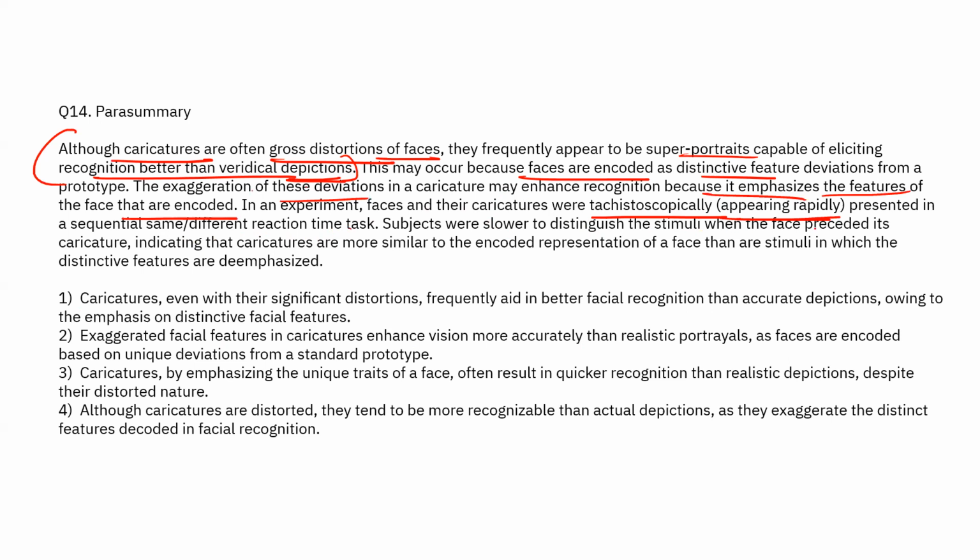Subjects were slower to distinguish the stimuli when the face preceded its caricature, indicating that caricatures are more similar to the encoded representation than stimuli in which the distinctive features are de-emphasized. तो यहाँ पे एक एक्सपेरिमेंट हुआ जिसमें फेसेस और उनके कैरिकेचर्स एक के बाद एक प्रेजेंट हुए, in a sequential same and different reaction time task. तो उनको डिस्टिंग्विश करना था जब पहले फेस आया और फिर कैरिकेचर आया. ओके, तो जब पहले फेस आया और फिर कैरिकेचर आया तो वो पहचानने में उनको थोड़ी देर लगी, बजाय इसके कि सीधा कैरिकेचर आ गया. ओके, तो कैरिकेचर्स आर मोर सिमिलर टू द एनकोडेड रिप्रेजेंटेशन ऑफ अ फेस देन द स्टिमुलाई in which distinctive features are de-emphasized.